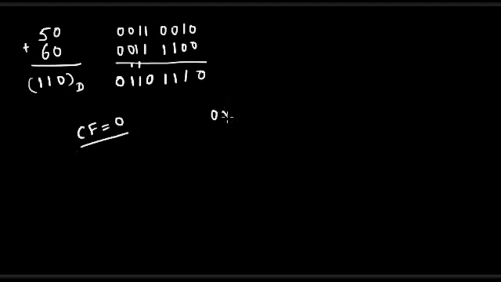And the overflow flag is again C7 XORed with C6. If we observe bit 6, there is no carry out from bit 6 to bit 7, so here it is 0. And XORed with C7, again there is no carry out from bit position 7, it is 0.